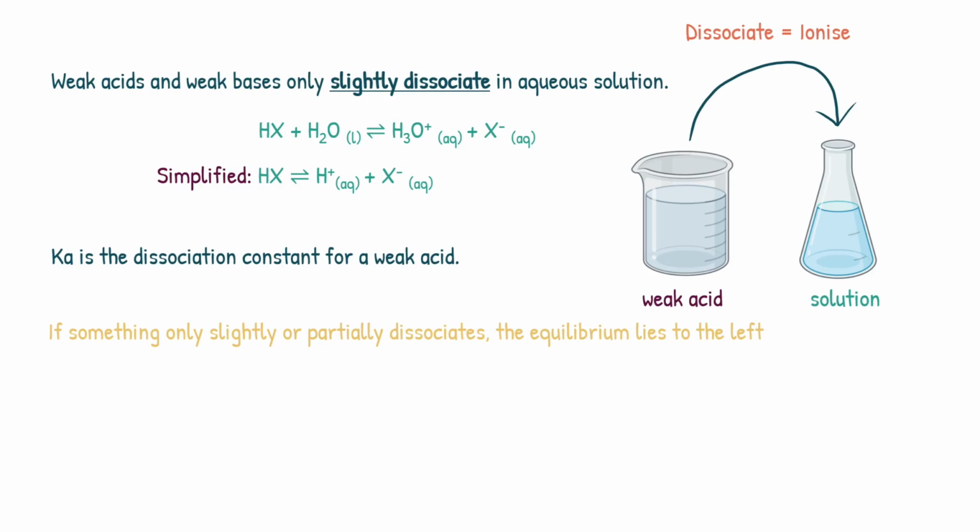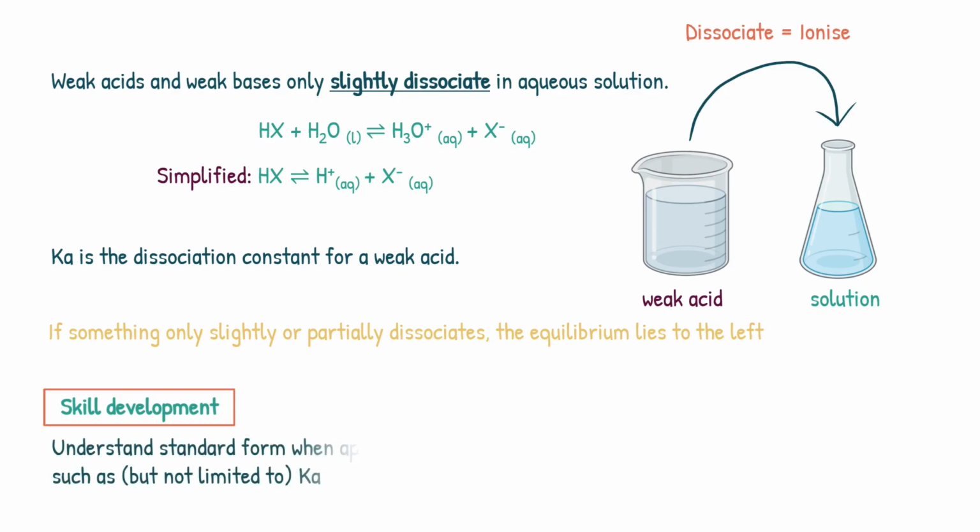So that HX, or going back to our previous example of ethanoic acid, most of the equilibrium is going to lie to the left of the equation, meaning that the ethanoic acid is formed and not really broken down into its ions.